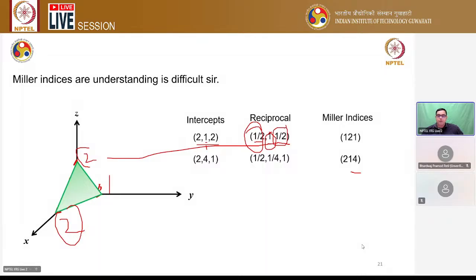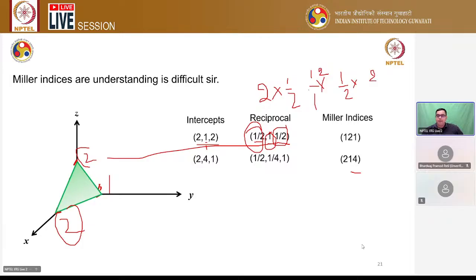Please listen carefully. Now you multiply by the highest denominator to all these reciprocals. The highest denominator is 2, so I will multiply this with 2, this with 2, and this with 2.